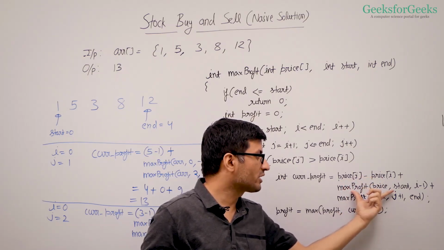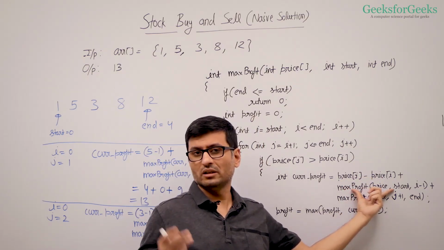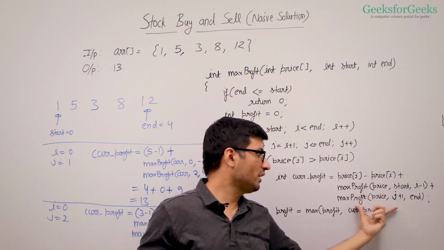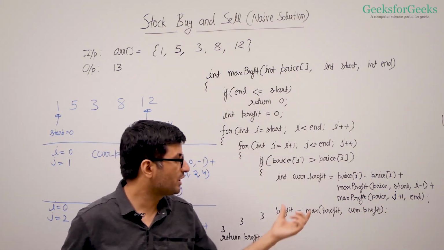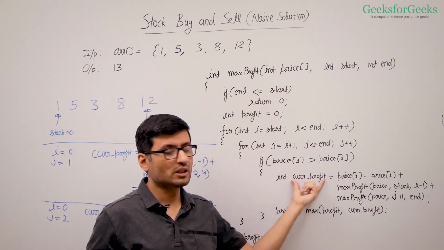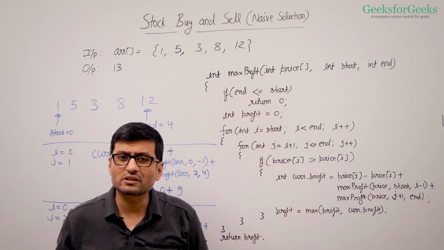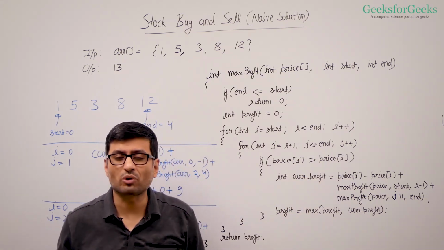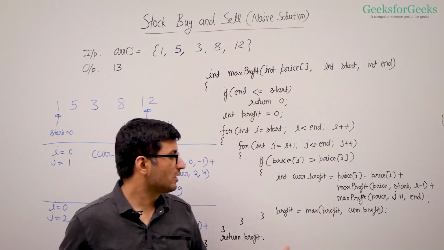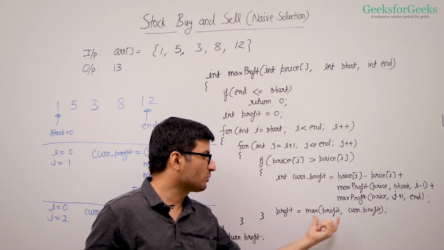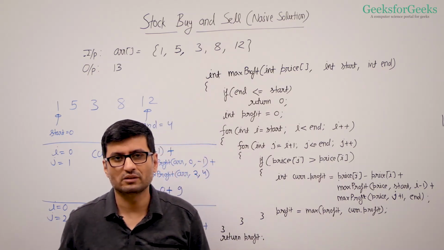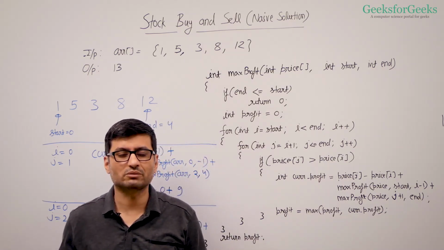Then we recursively call for the left of i and right of j. And whatever profit we get with this pair, we store it in the current profit. We consider all such pairs, and we take the maximum of all those profits. So our result is going to be the maximum of all such profits. That's the basic idea of this recursive solution.